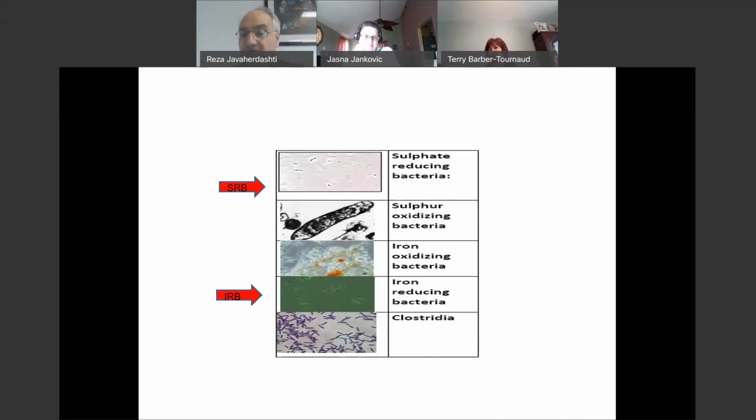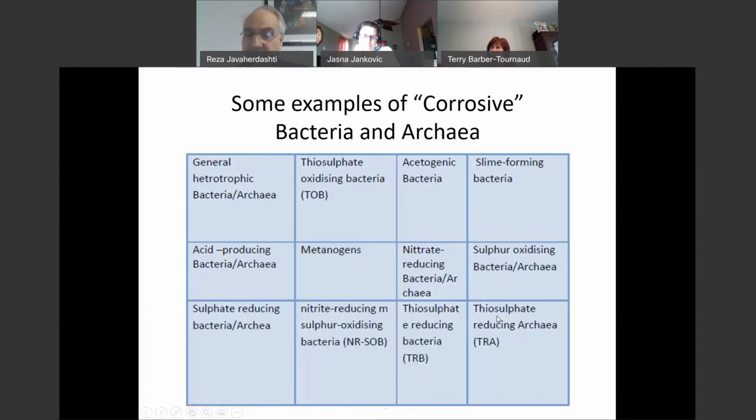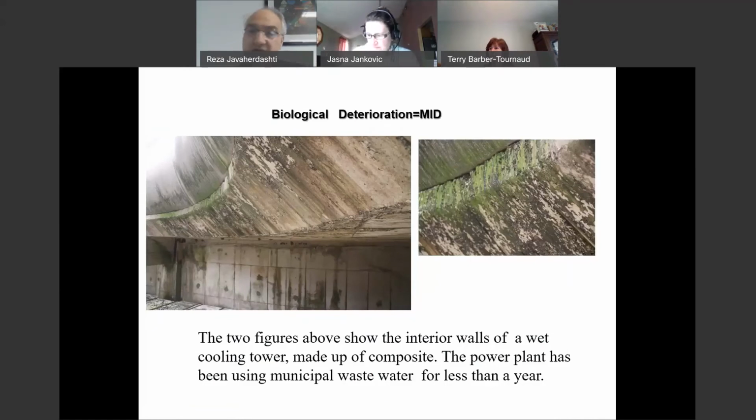These are some examples of bacteria I have worked on, especially sulfur-reducing bacteria on the top and iron-reducing bacteria, but there are a lot of them, more than 15 groups of them, and many more to come. These are some industrial examples of biodeterioration. Here it is the interior wall of a cooling tower made up of composite.